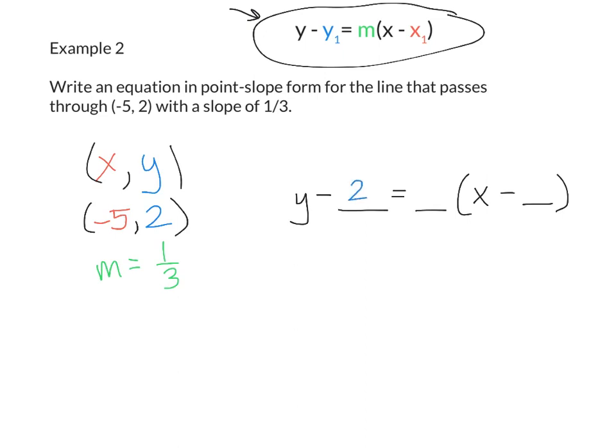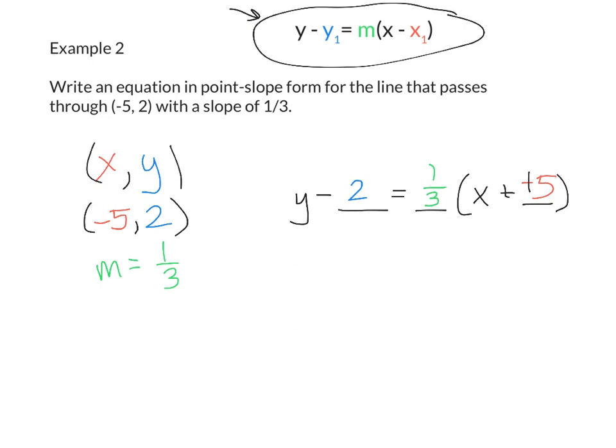Y minus 2, and then my slope is 1/3, and then x minus x1, and x1 is -5, so it's x minus a -5, don't forget your negative, and it's chop, so it's actually x plus 5, so plus a positive instead of minus a negative.